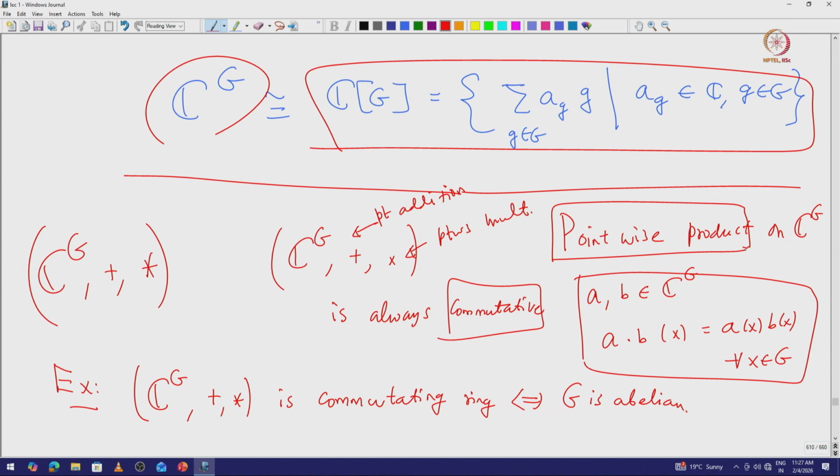So, when G is not abelian, definitely we are not able to compare these. But then you can ask what happens if G is abelian. So, these two algebras, are they the same or different?